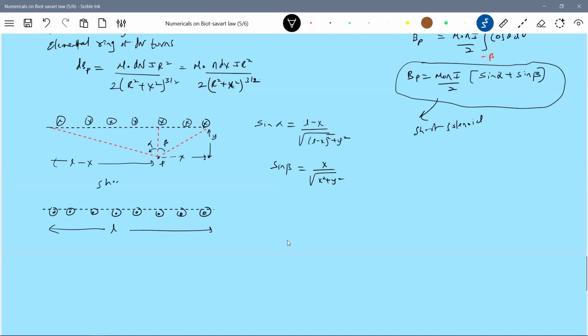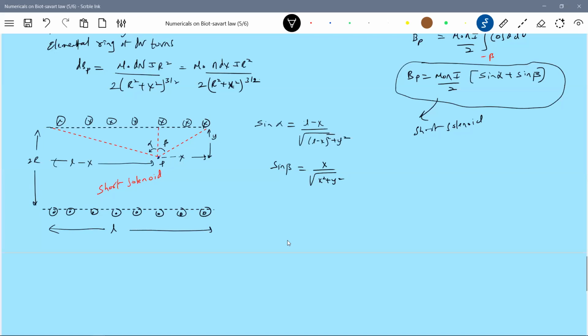This is all I am discussing here. For a short solenoid, there's a particular formula to calculate the field, and the field inside will be non-uniform. How do you say short solenoid or long solenoid? It all depends upon the radius.